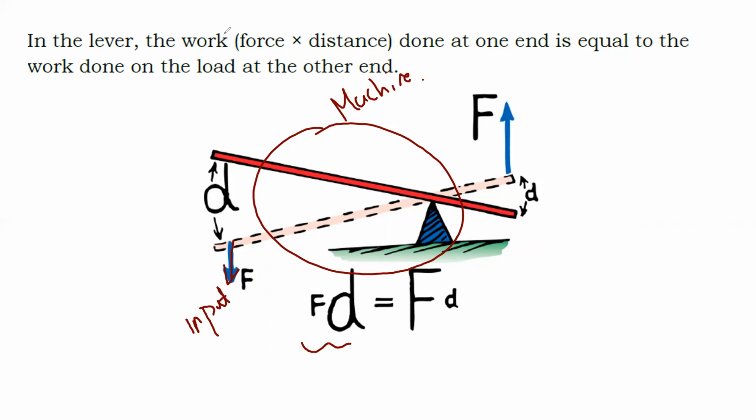But the output will be a greater force with a small distance. But they are equal. So that's how the machine decreases the amount of distance, or increases the amount of force.